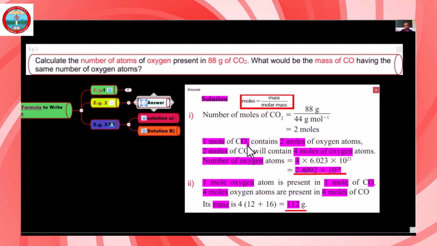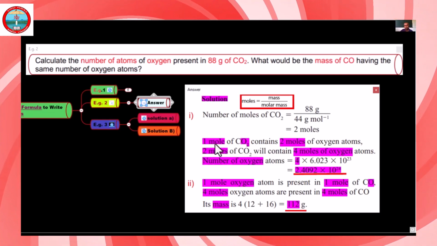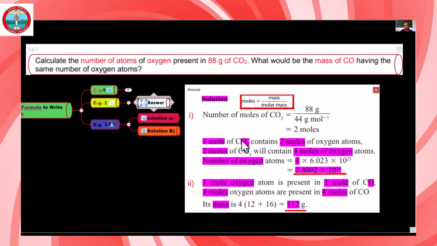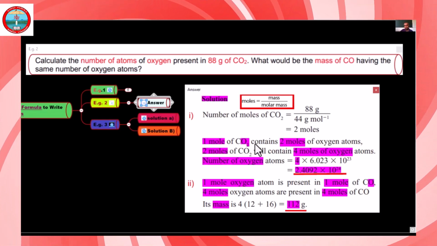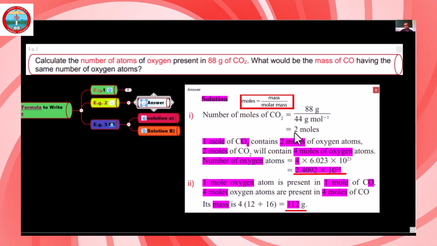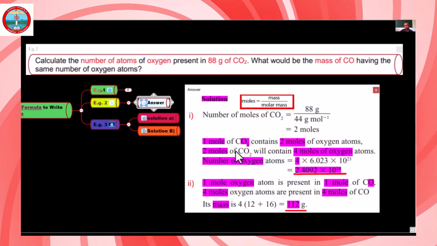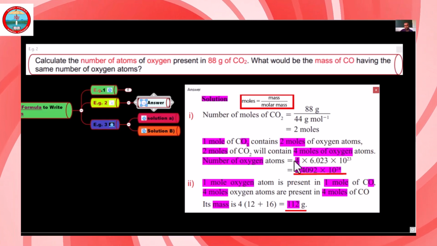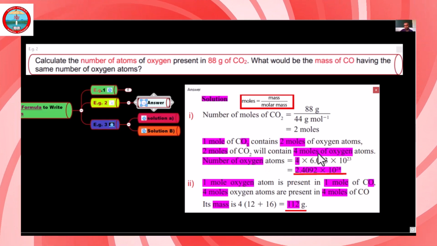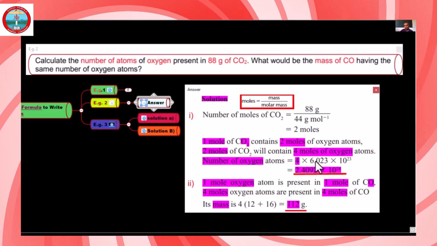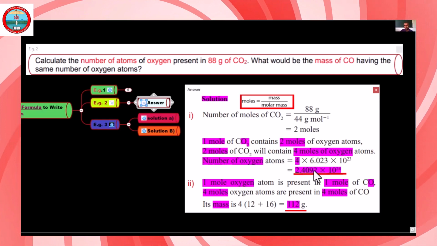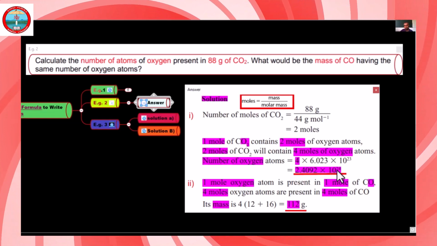If we have 2 moles of oxygen in 1 mole of carbon dioxide, how many moles of oxygen will we have in 2 moles of carbon dioxide? So the answer will be 4 moles of oxygen. And to change this 4 moles of oxygen, multiply by the Avogadro number, we have 2.4092 times 10 raised to positive 24 oxygen atoms.